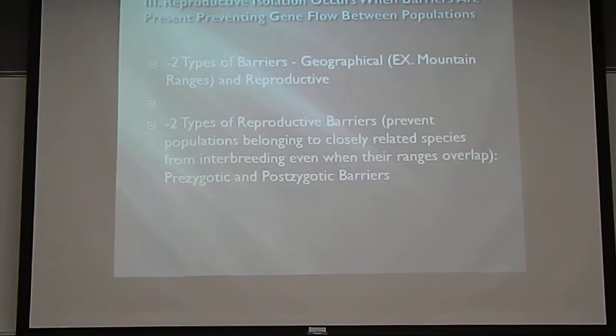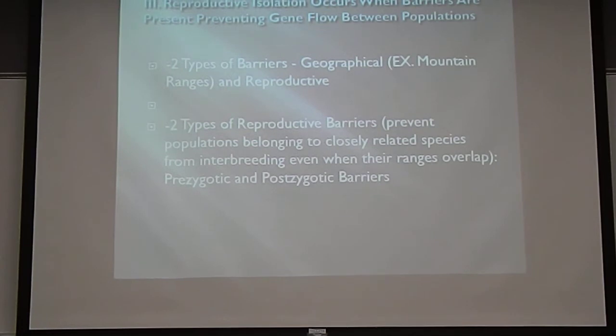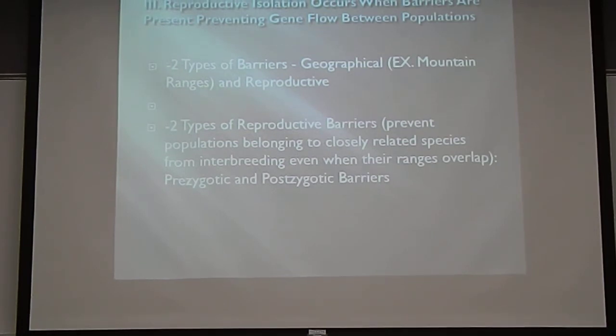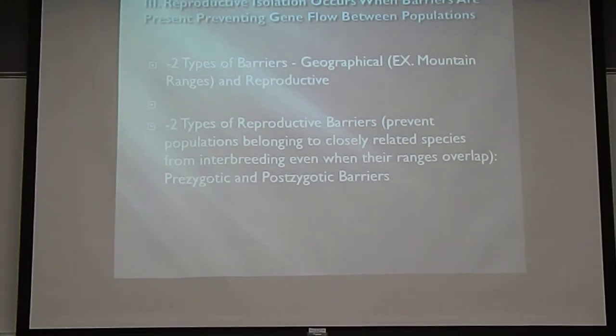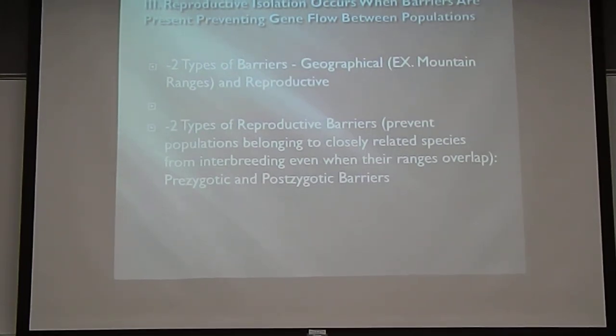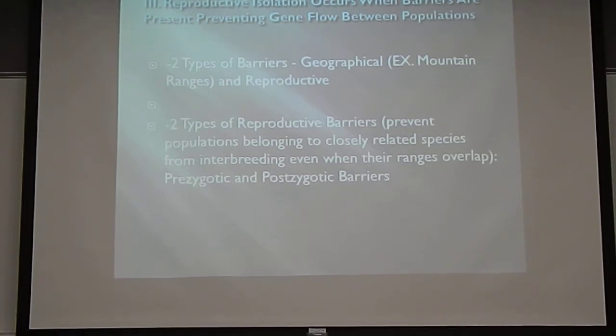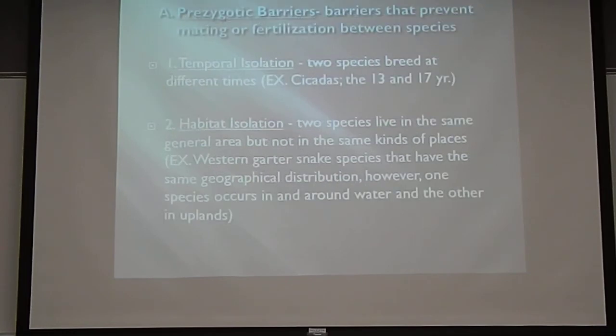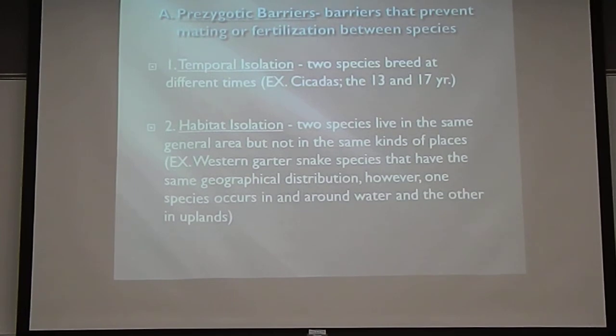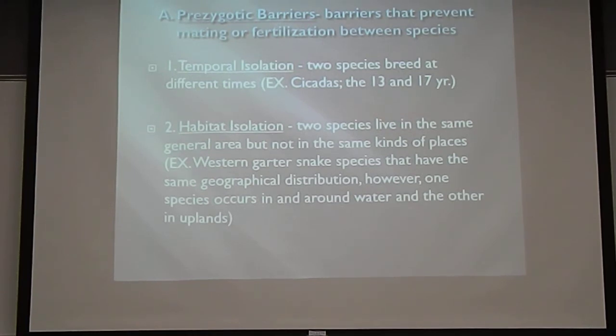These reproductive barriers can be either pre-zygotic, where pre means before and zygotic means the formation of the zygote, so before fertilization, or post-zygotic barriers, which are formed after fertilization has occurred. So, pre-zygotic barriers prevent mating or fertilization between two different species or populations.